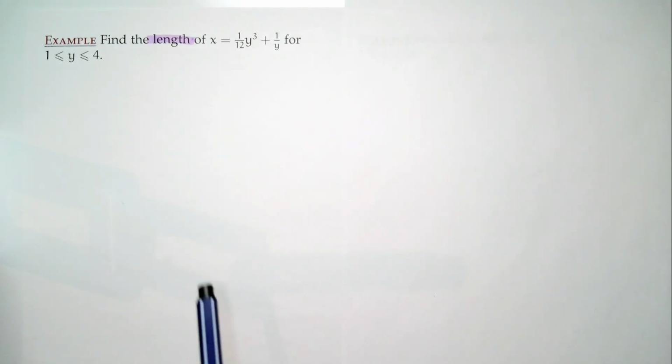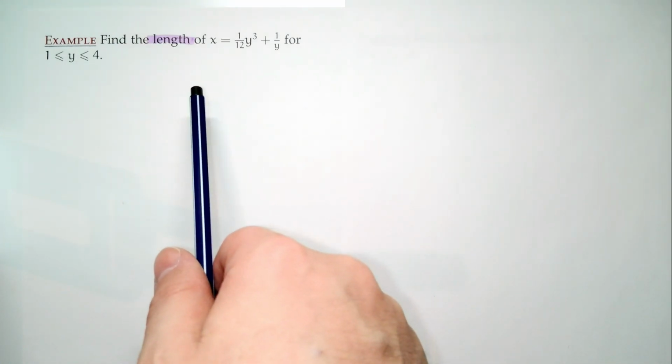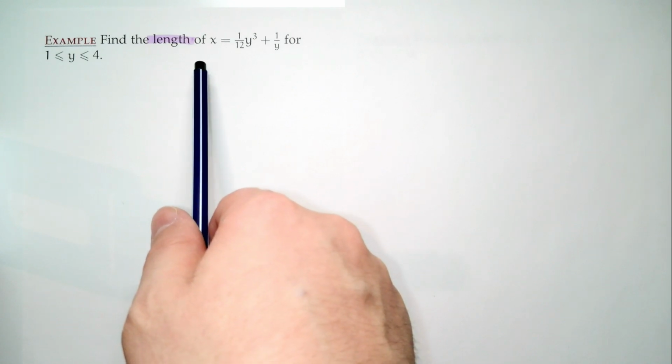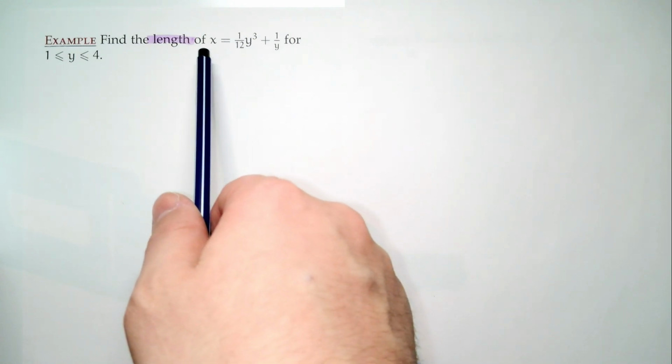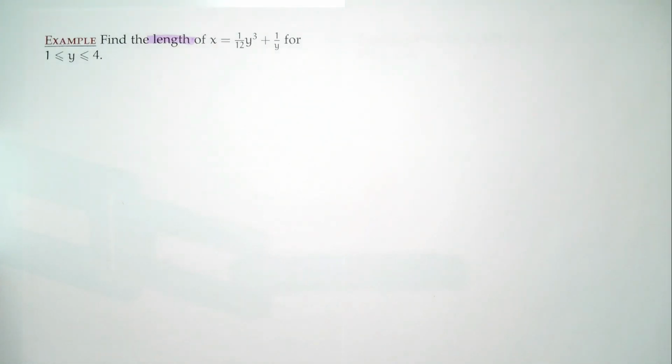Now, there's a couple of things different. What's the big difference here? Well, I would say it's a more complicated function, but also notice it's x as a function of y. One thing you could try to do is solve for y as a function of x, but most of the time, that's usually pretty hard, and it definitely looks hard here. So what do we do?